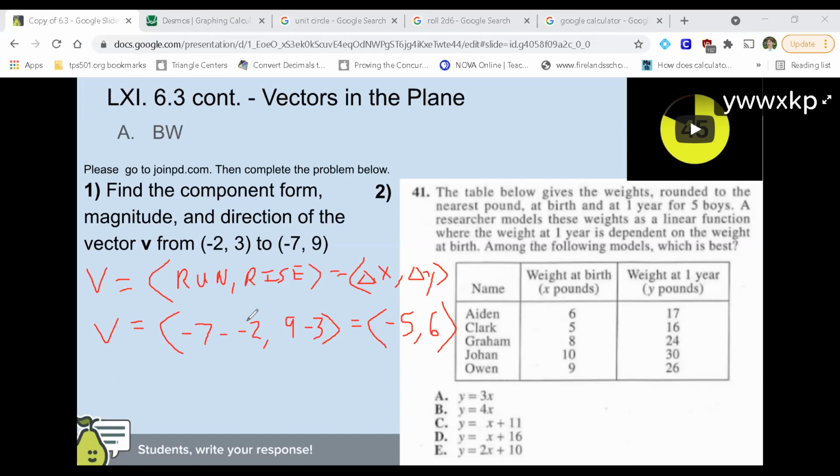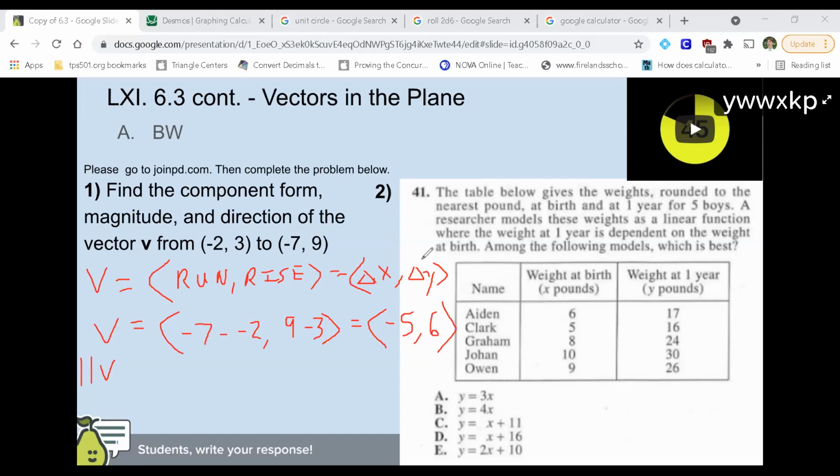How do I find the magnitude? It rhymes with distance formula. It's the distance formula. Since we already have the change in x and the change in y, it's pretty quick.